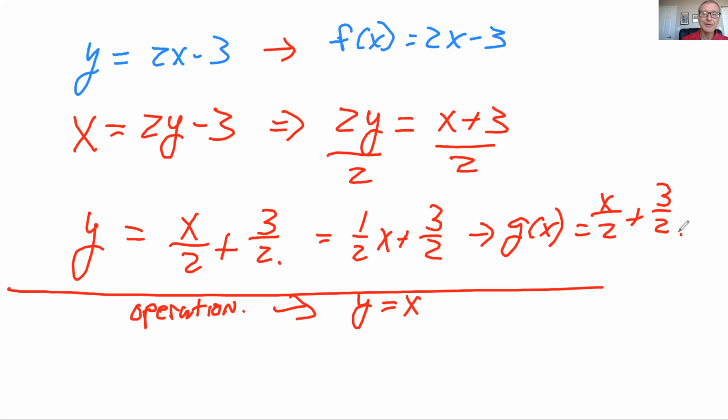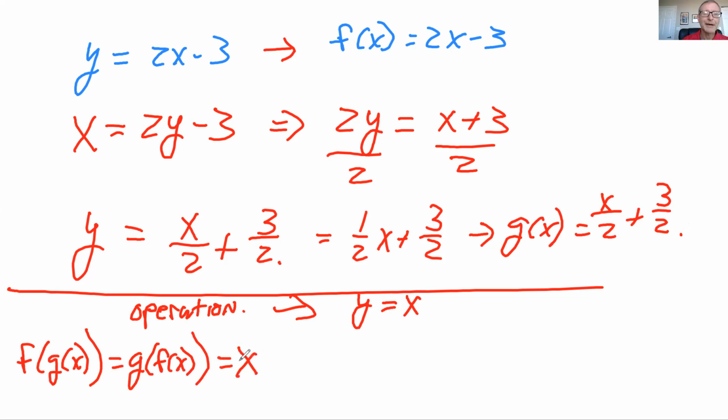By our definition of inverses, f of g of x also equals g of f of x, and the output will always be x. So the output is always going to be y equals x.